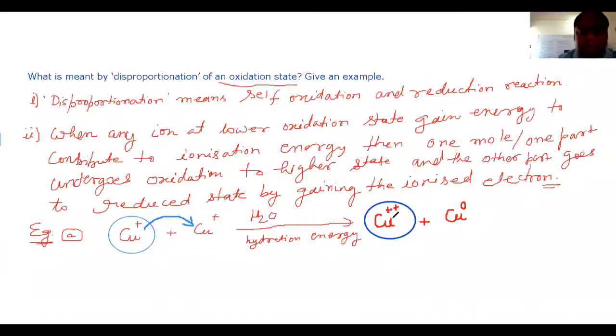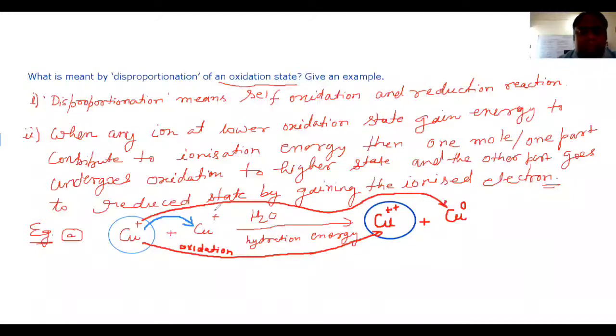Okay. So this is called a disproportionation reaction. So see, this is undergoing oxidation and this is undergoing reduction. So this process is called disproportionation.